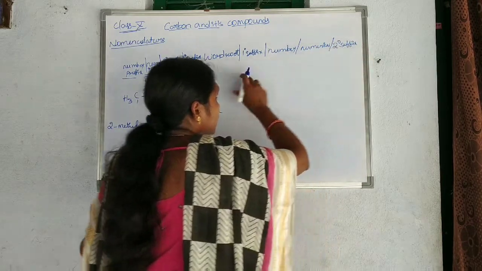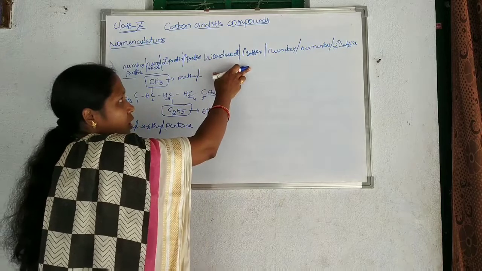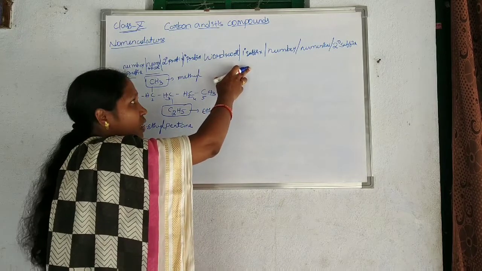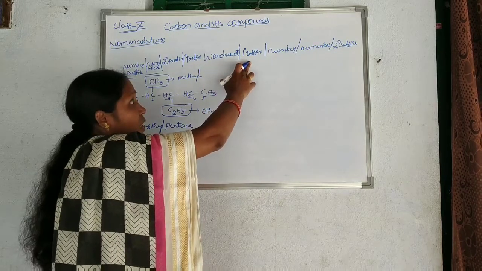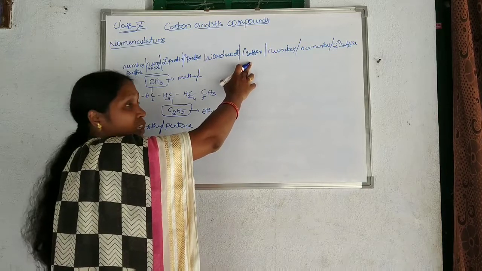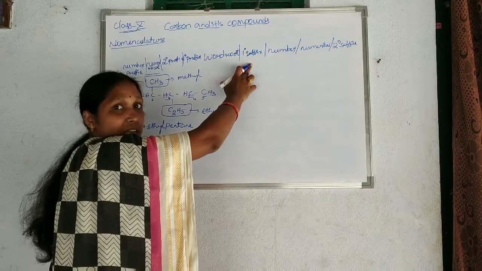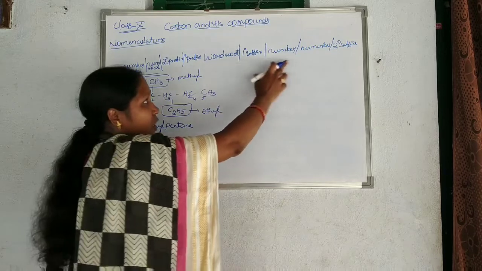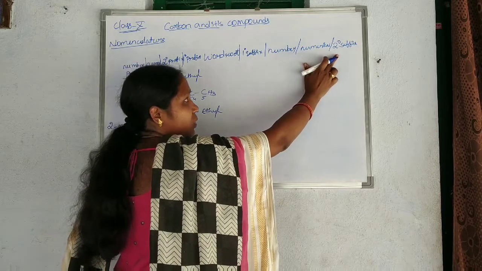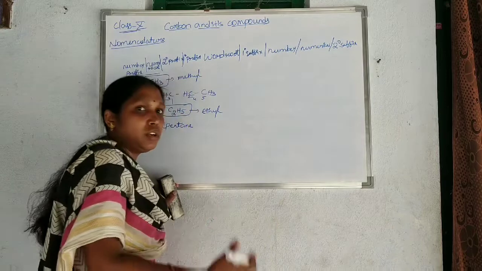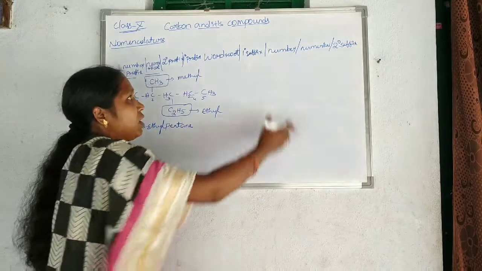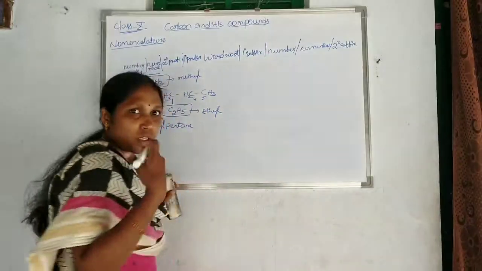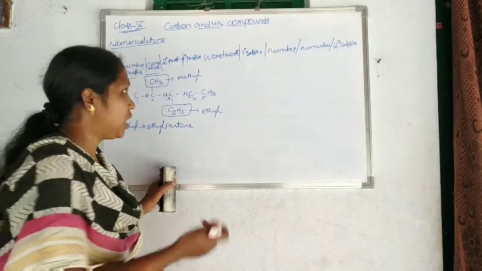Here also, if more than one unsaturation, that means more than one double or triple bond is there, the primary suffix gets a number suffix and numerical suffix. And also for the secondary suffix, if more than one of the same functional group is there, number and numerical suffix will be entered in the name.